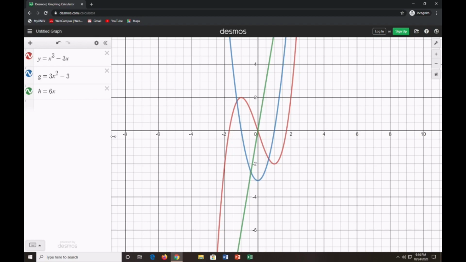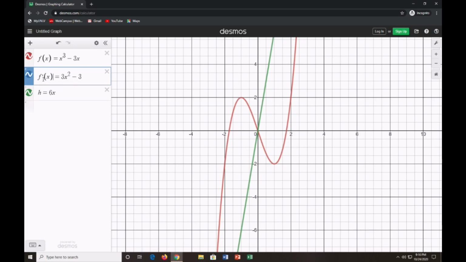That's the graph; you can see it on the left side of your screen, the functions I'm talking about, y equals x cubed minus 3x. Maybe I should change this. So f of x, and this would be f prime of x, and this, of course, would be f double prime of x.